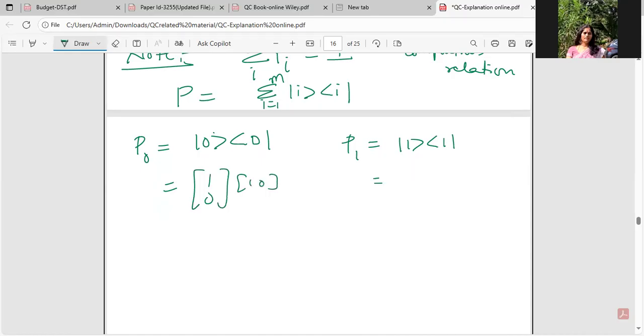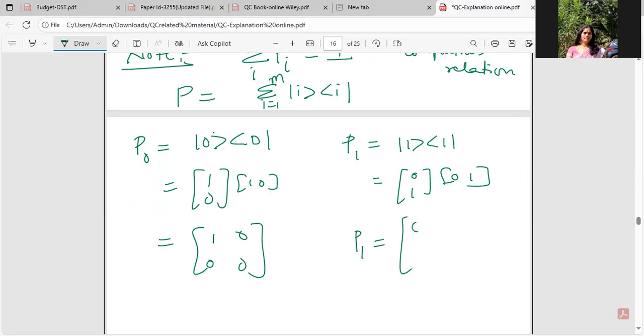And this would be 0, 1, 0, 1. So multiply both: 1 into 1, 1 into 0, 0 into 1, 0 into 0. This is P naught. What's P1? 0 into 0, 0 into 1, 1 into 0, 1 into 1.